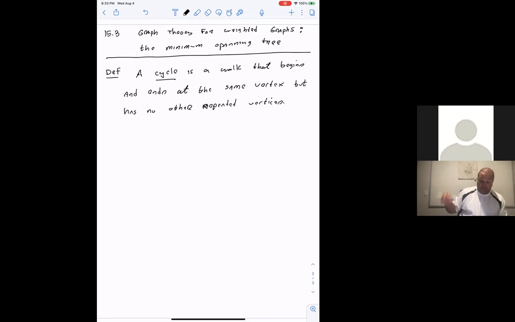Maybe that's the definition they want you to use. It's not accurate, but if it's their definition, it's their definition. So what's a cycle? You start at some point, you do a bunch of edges, and then you get back to the same point that you began. So that is a cycle.